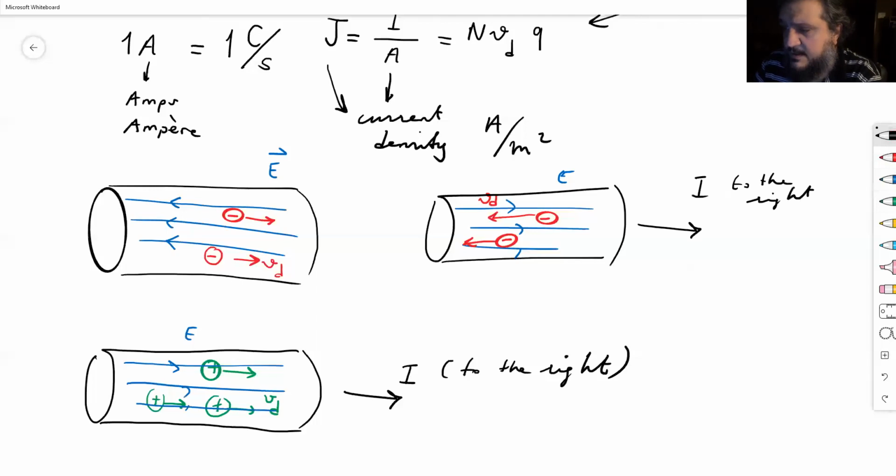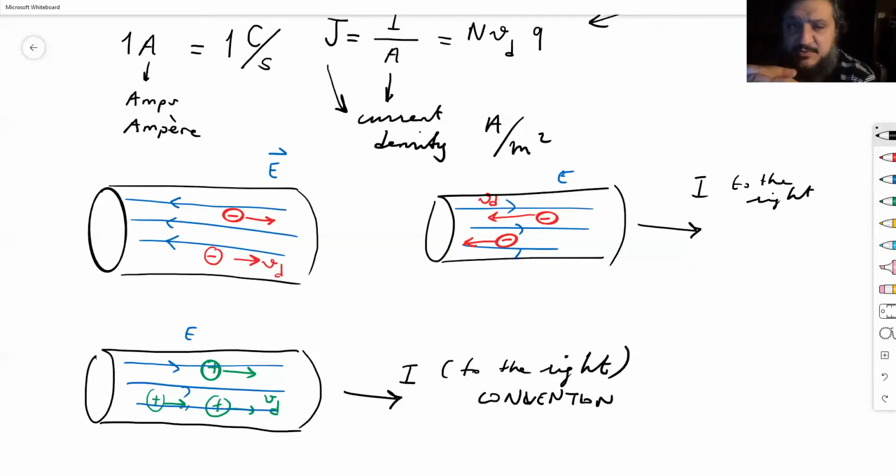Okay, so this was my convention. The convention is the direction of the positive charges will be the direction of the current. If I just make that convention, I know that whether I have positive charges or negative charges, I will have the electric field pointing in that direction.